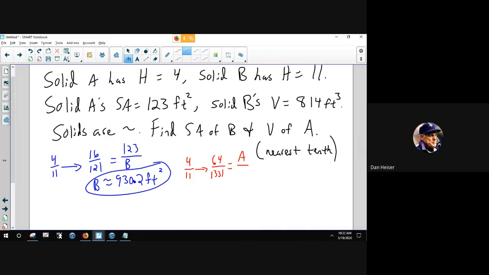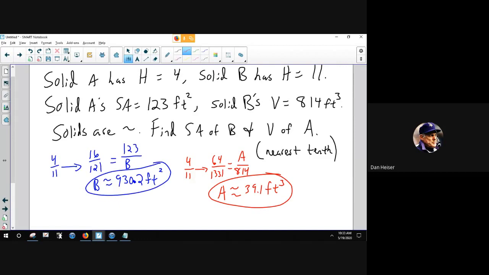B's volume, 814. And this will be approximately 39.1 cubic feet.